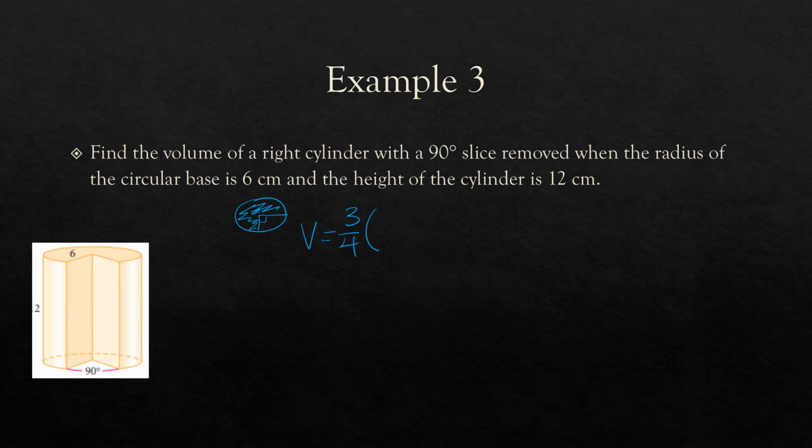My volume calculation is the area of the base, which is pi r squared. My r is 6 centimeters. And then the area of the base times the height of 12 centimeters would give me my total volume.